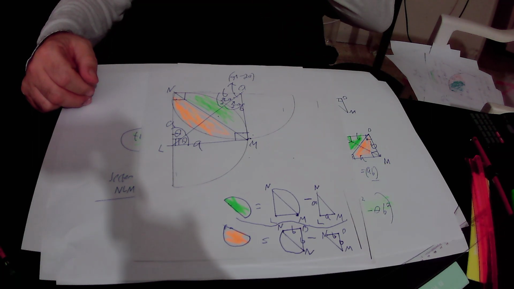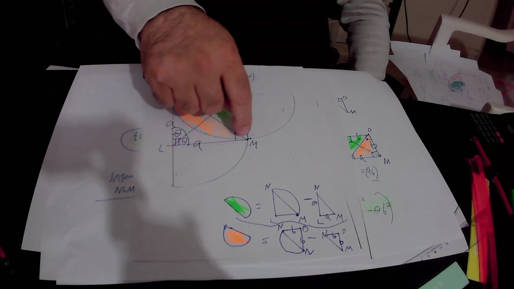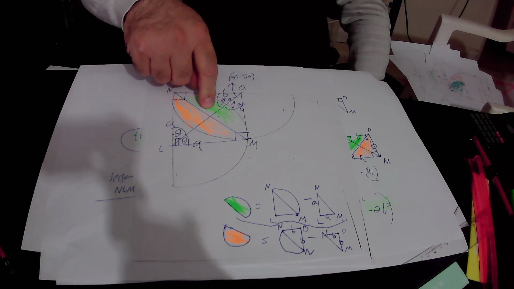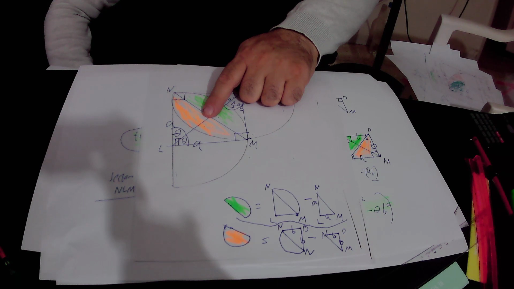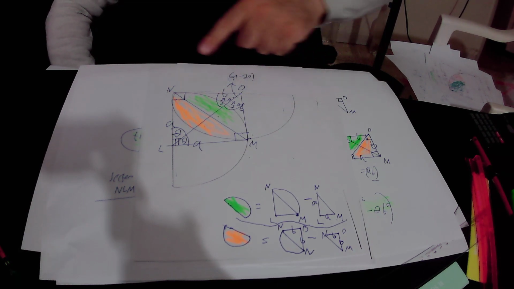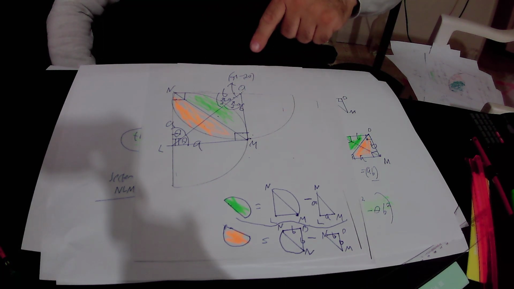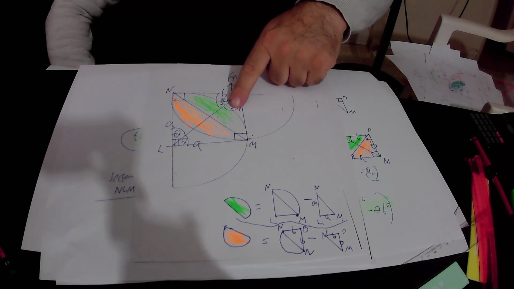If you subtract from the area of this sector the area of this triangle, we get the area of the green shape, and the area of the orange circular segment will be equal to the area of sector MNO minus the area of triangle MNO.